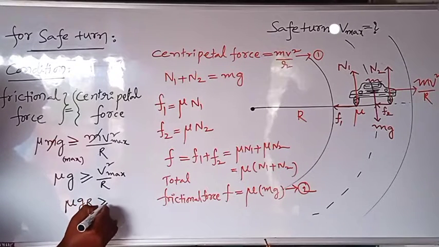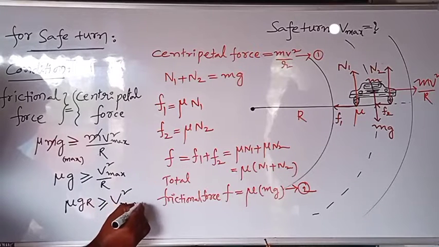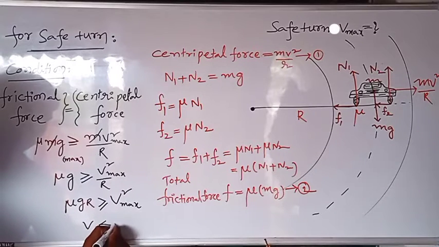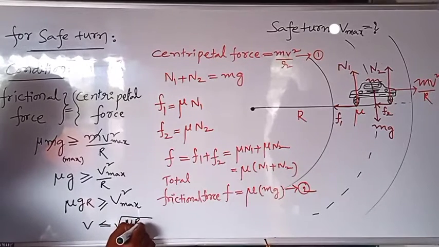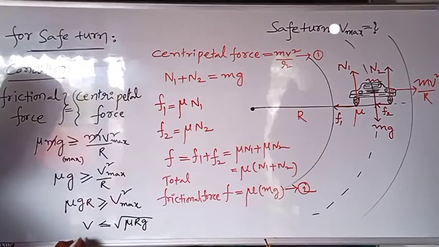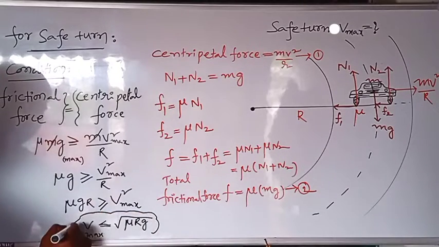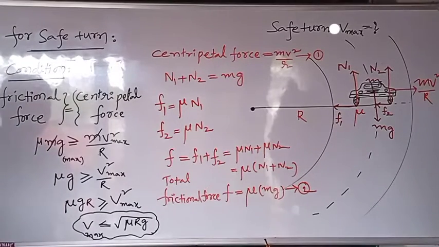Move this R to that side, mu g R is greater than or equal to v square maximum velocity. If you want only v maximum, it is square root of mu g R. This is the formula for maximum velocity without skidding, safe turn on the level road.